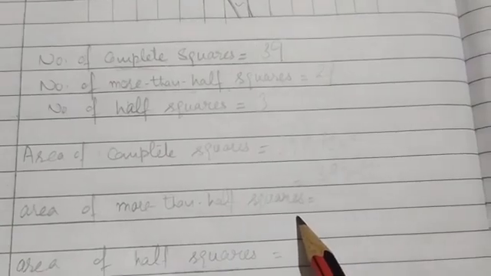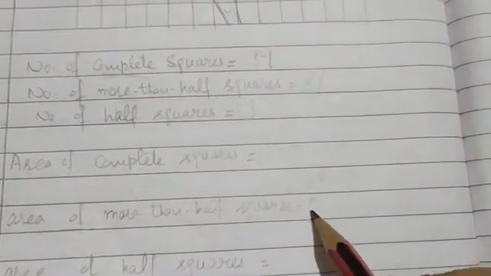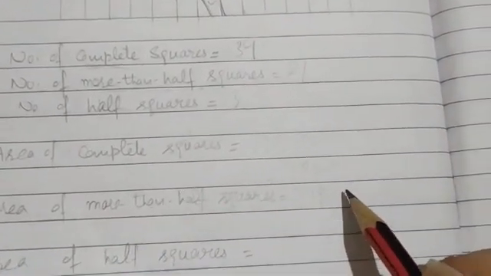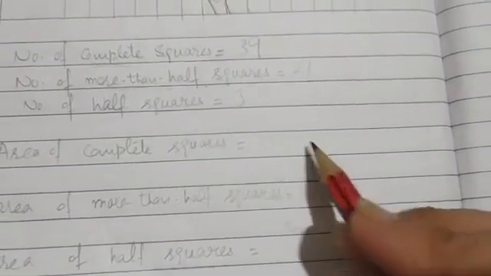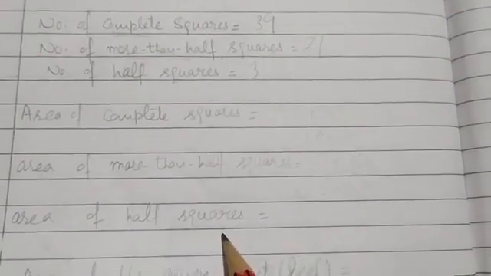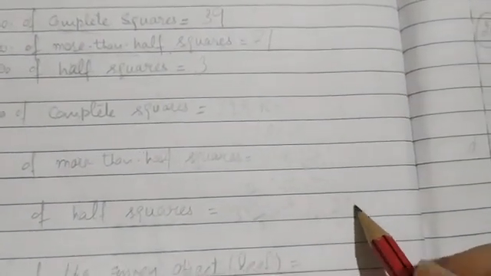Similarly, the area of more than half filled squares will be equal to the number of more than half filled squares multiplied by the area of a full square, that is also 1 centimeter square, so it will be equal to 21 centimeter square. And the area of half squares will be 3 multiplied by half of the area, because these are half filled squares. So these are 3 by 2 centimeter square, that will be equal to 1.5 centimeter square.